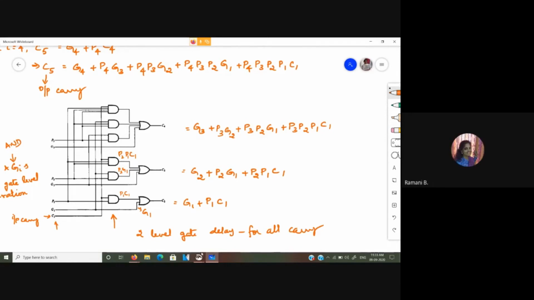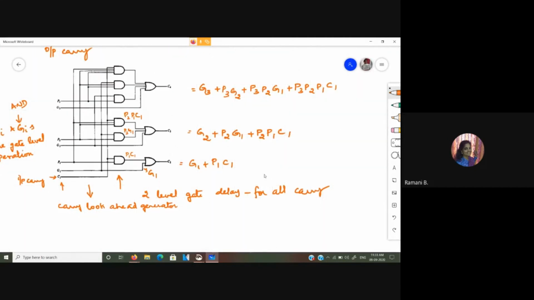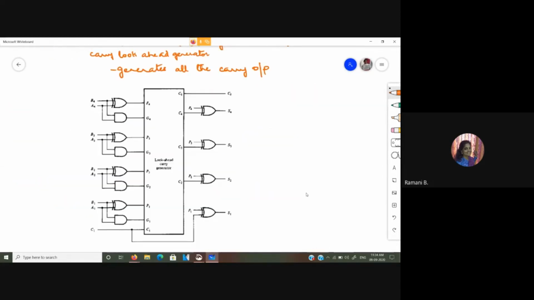This particular diagram, we call the carry look ahead generator. This circuit generates all the carry outputs. So this is the carry look ahead adder.